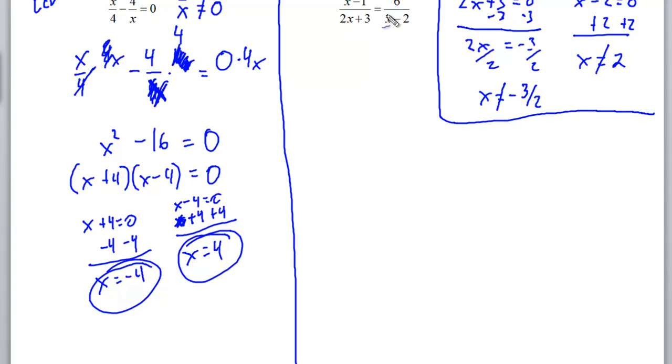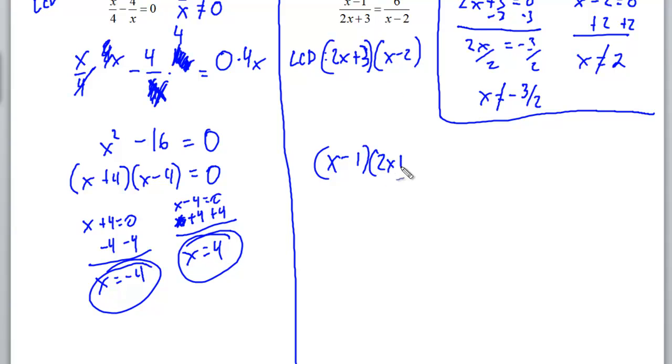Now, to get the lowest common denominator, I'll multiply each side by its denominator, because my LCD is going to be the combination of 2x plus 3 and x minus 2. So here I go. I got x minus 1 times the quantity of 2x plus 3 and x minus 2.